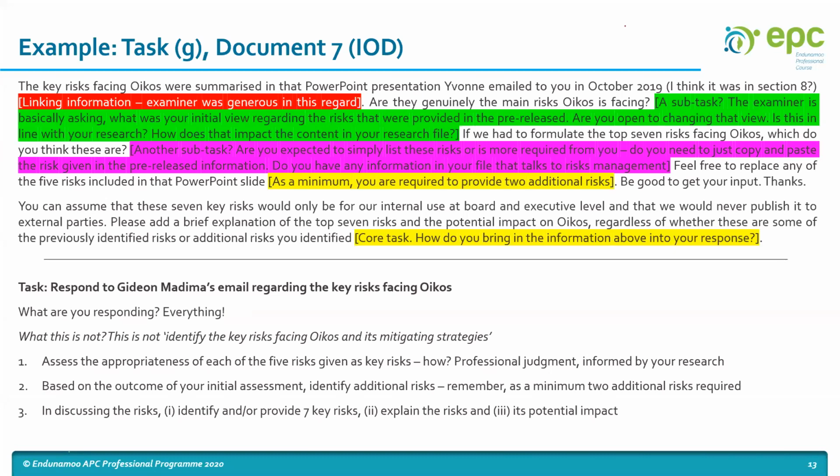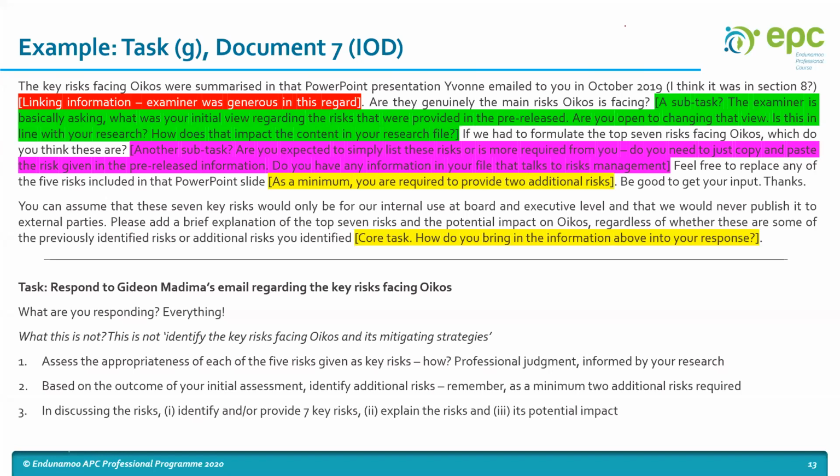So now they're saying that, do you agree these are the key risks? So if you say to me, yes, I agree, and you don't provide me with a reason, already you've not answered the task. Do you understand? Because you've not applied any professional skills to that response.